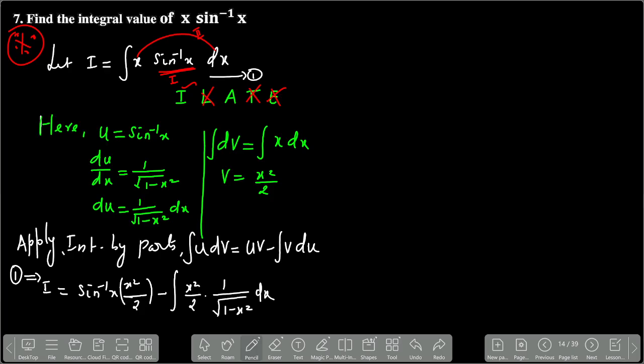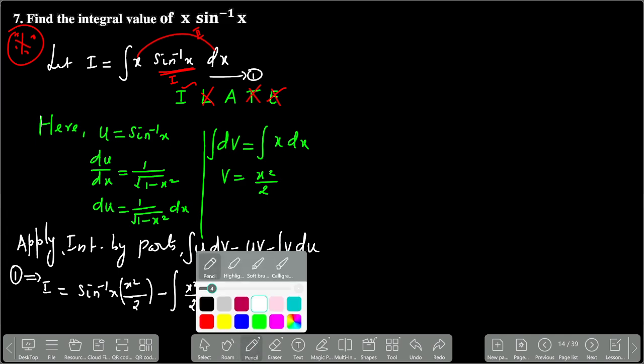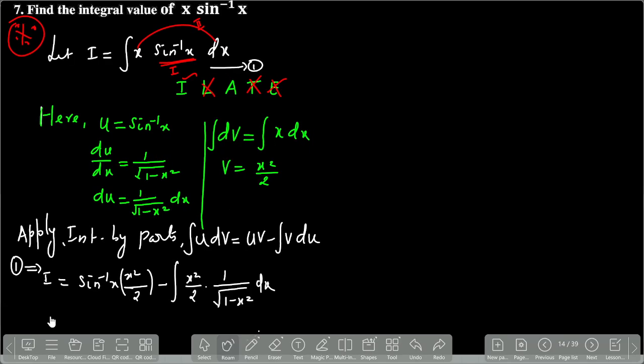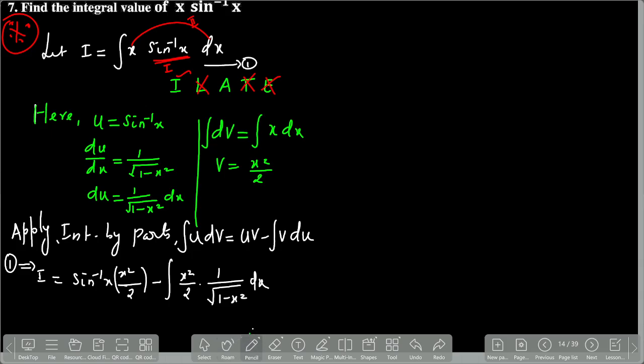Students, any doubts? Don't write, listen carefully for one minute. Here, I equal to x square by 2 into sine inverse of x minus 1 by 2, taking it outside, integral of x square divided by square root of 1 minus x square dx.